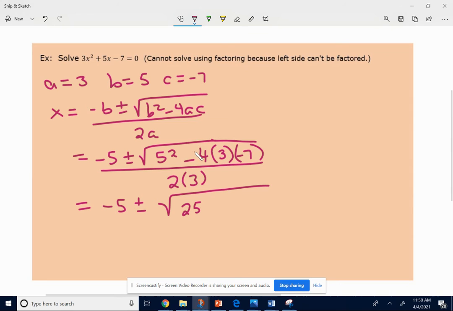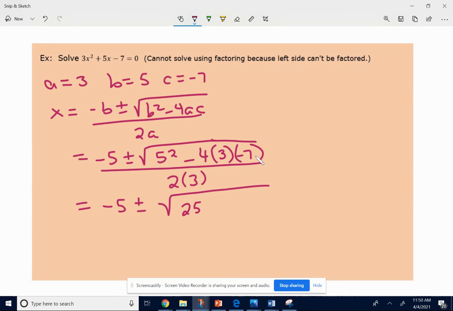When you're multiplying, I try to think of this as just a negative 4 times 3 times negative 7, and think of this as added to the 25. You don't have to think of it that way, but that's what I do.